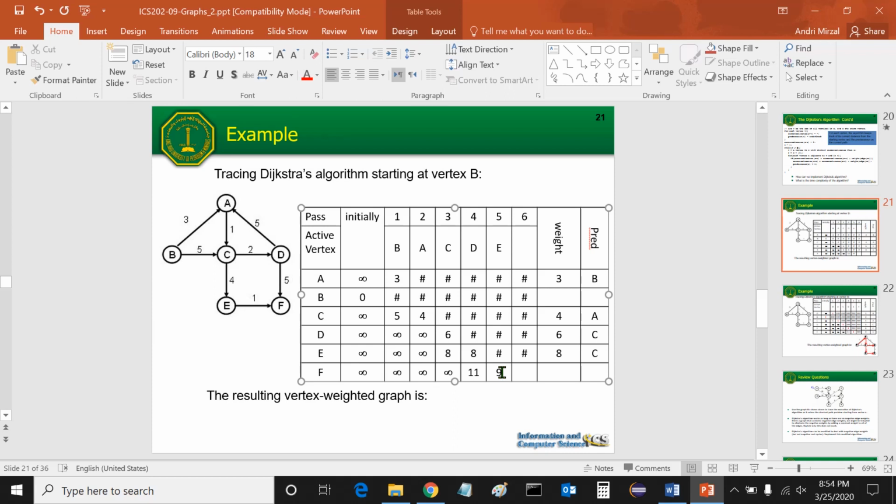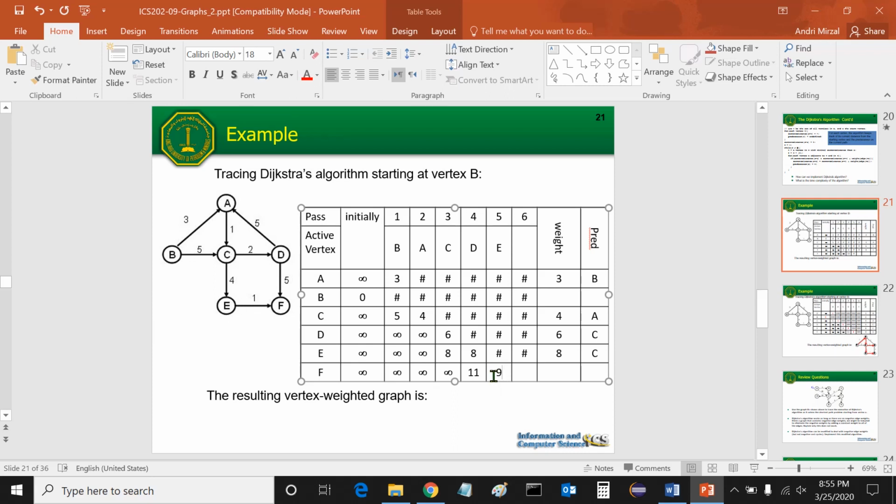But now, just for example, this weight is not 1, but consider it to be 10. If we travel to F using this path, the total weight will be 3 plus 1 plus 4, that will be 8, plus 10, that will be 18.